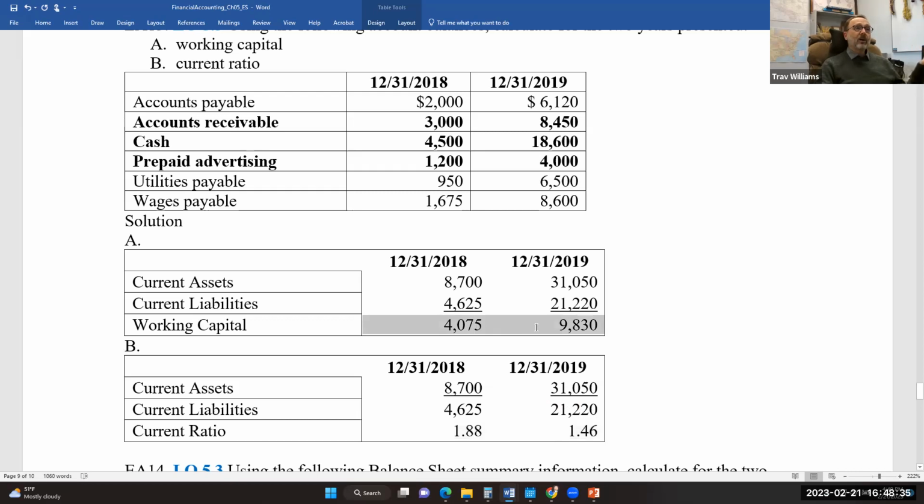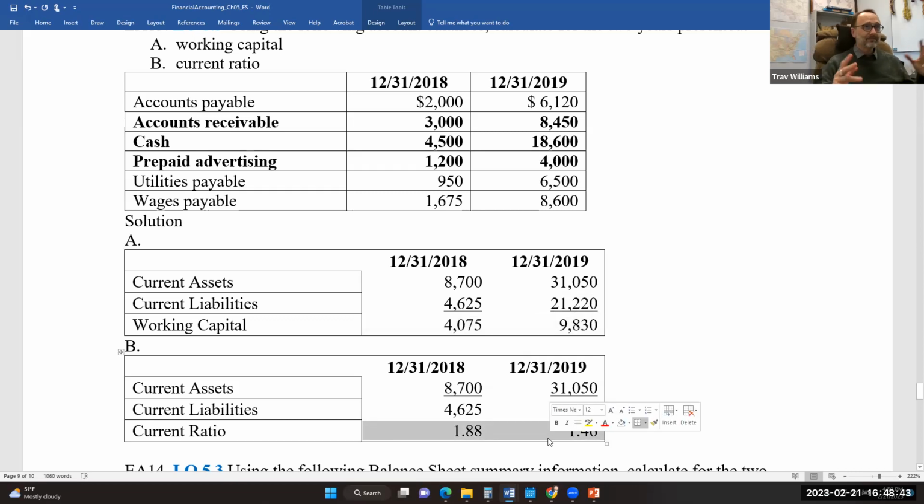It's good from a dollar perspective that their working capital went up, but the ratio went down. Bad when we compare the ratio of current assets to liabilities. That's going the wrong direction. So if they continue on that trend, eventually that could create a problem.